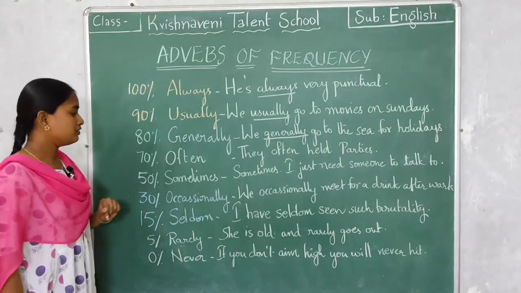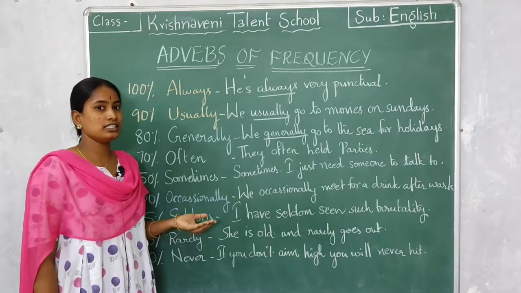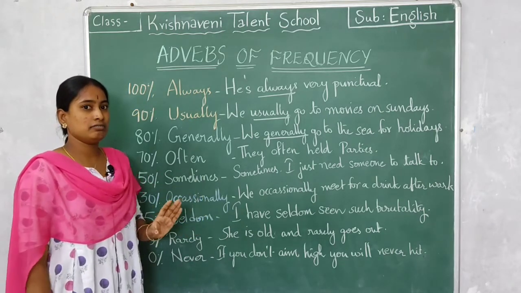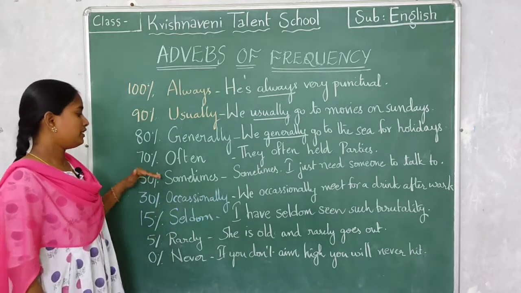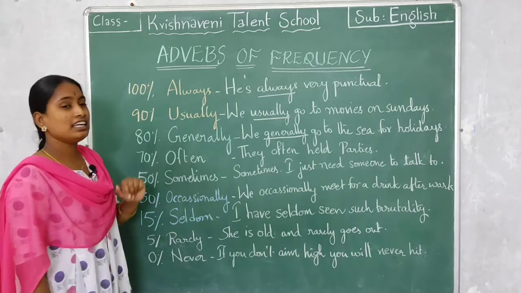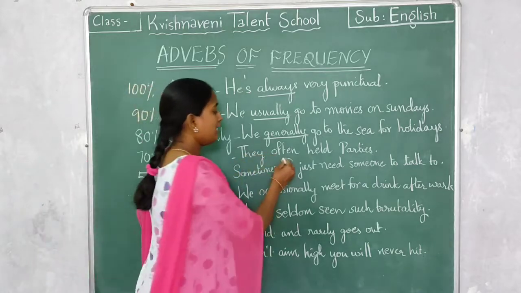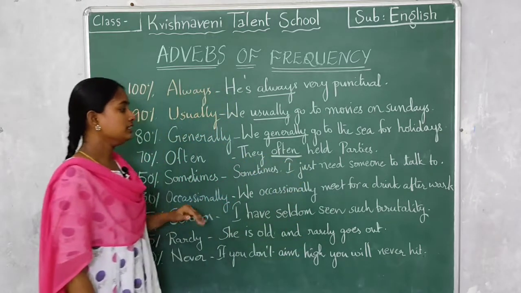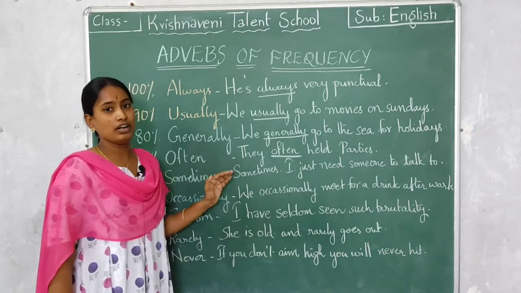Next we have 70% frequency. If we do that action up to 70%, but not completely 100%, that frequency level is 70%. At that time we should use the adverb often. They often hold parties, which means not daily.